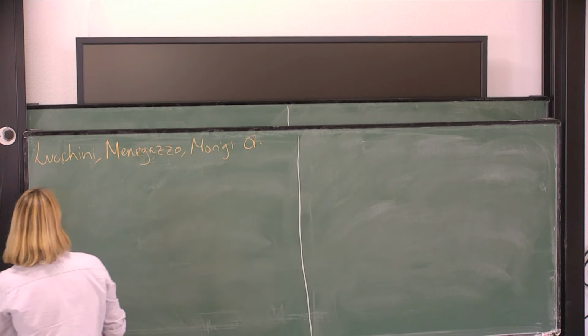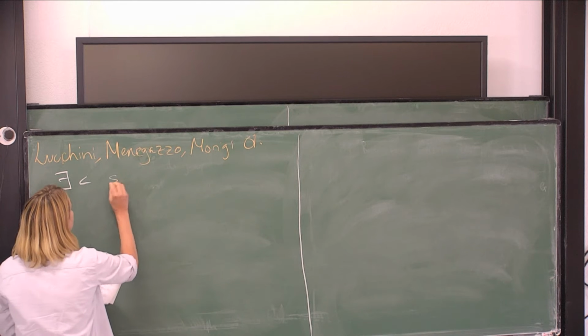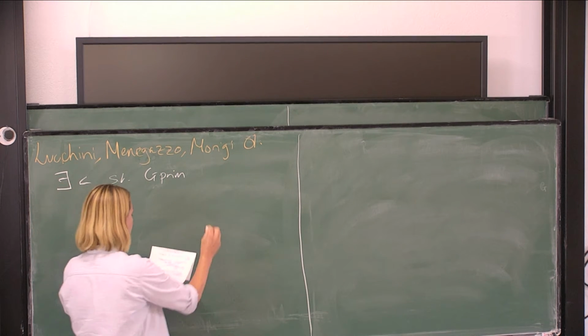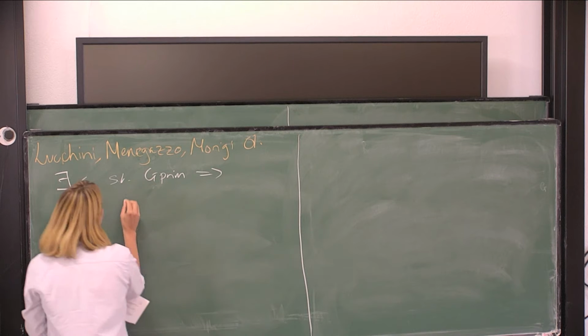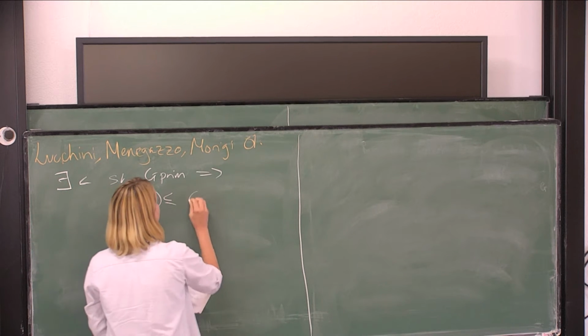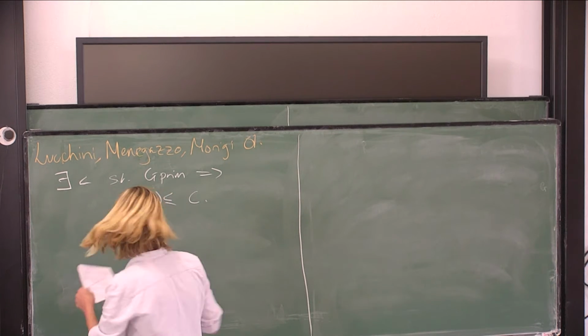So this is an asymptotic result. It says there exists an absolute constant C such that if G is primitive, then the minimal number of generators for G is at most C times n over the square root of log n.